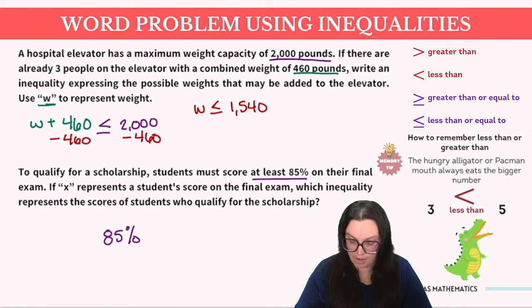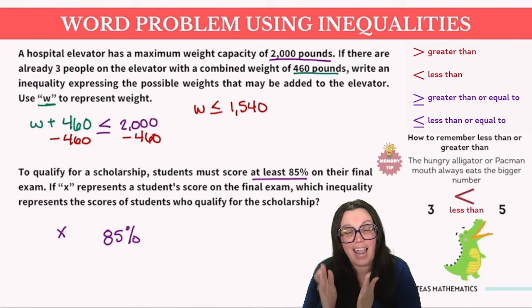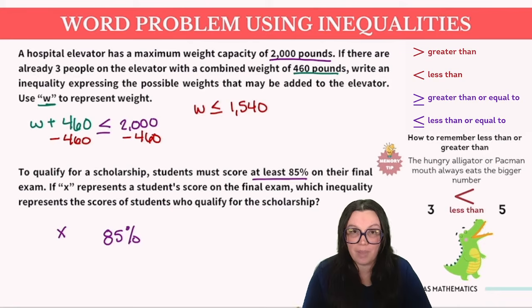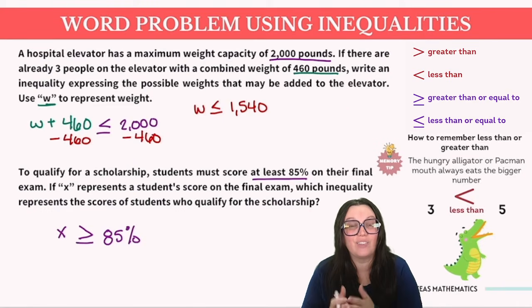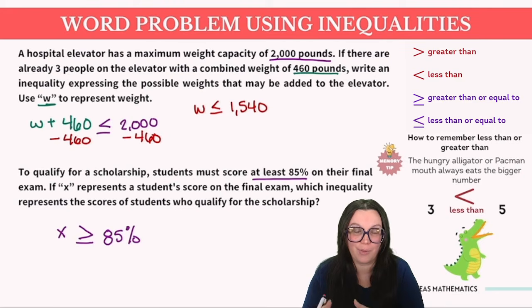And now we need to figure out what we need to solve for X. So they have to have at least 85%. So that means that they have to have either greater than or equal to 85%. So I'm going to go ahead and plug that into my inequality, and that's going to give us our equation for this problem. X is greater than or equal to 85% in order for the student to get the scholarship.